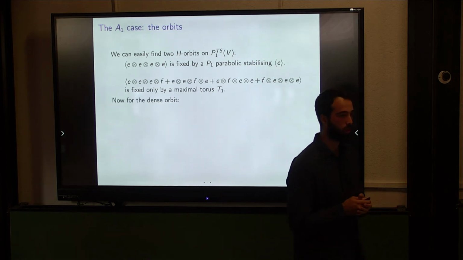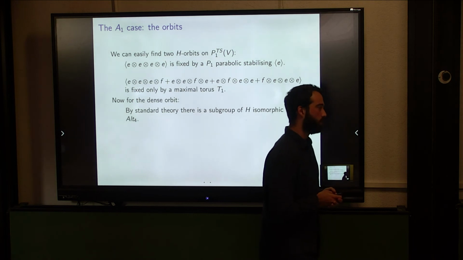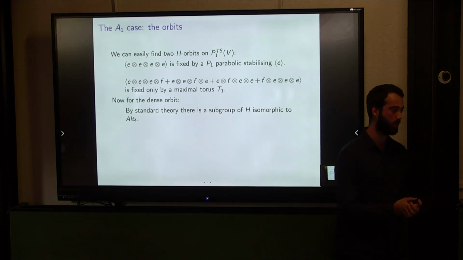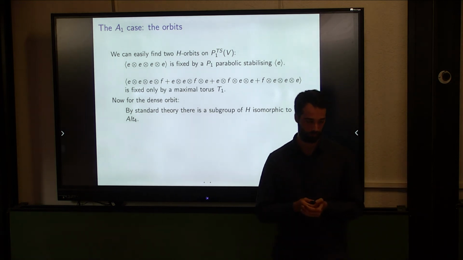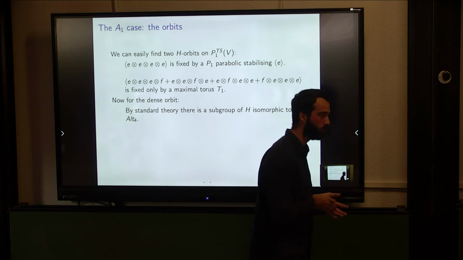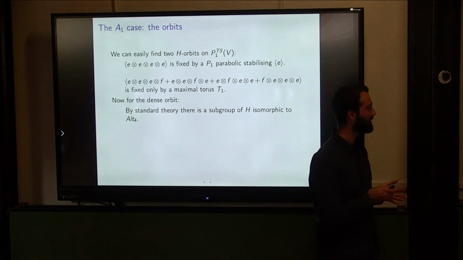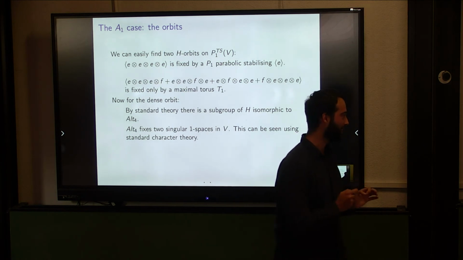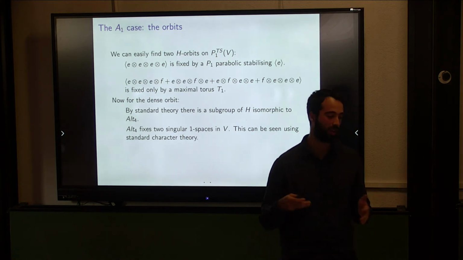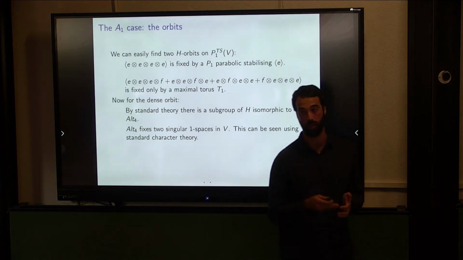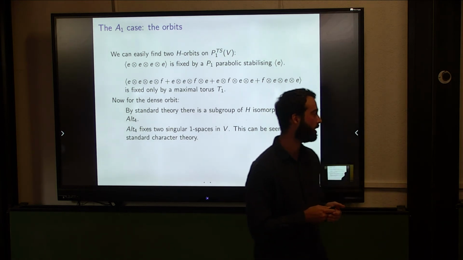Now for the dense orbit. Here you first start with an alternating group on 4 points. This exists, and then you use some character theory to show that it fixes 2 one-spaces, but it's acting non-trivially, so they must be singular 1-spaces.